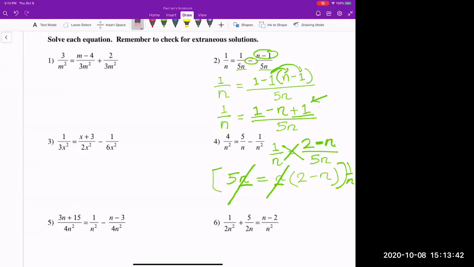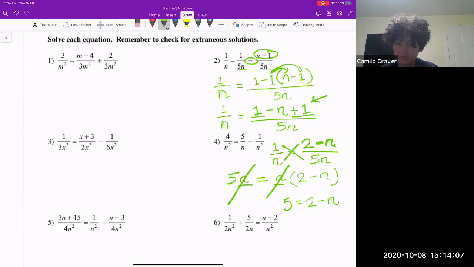That's the same thing as crossing them out. But crossing them out is not really mathematical. Multiplying them by the same number, 1 over n, that's the mathematical way. But crossing them out is the result. So 5, and then 2 minus n, right? Yeah. What do you do next?